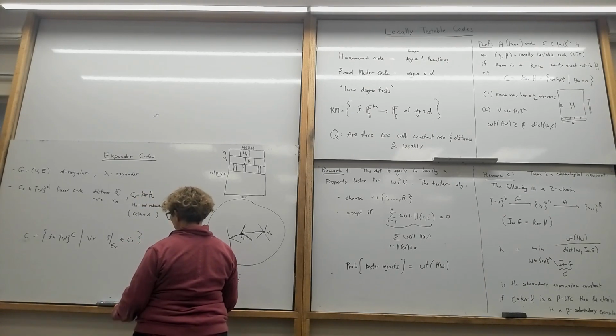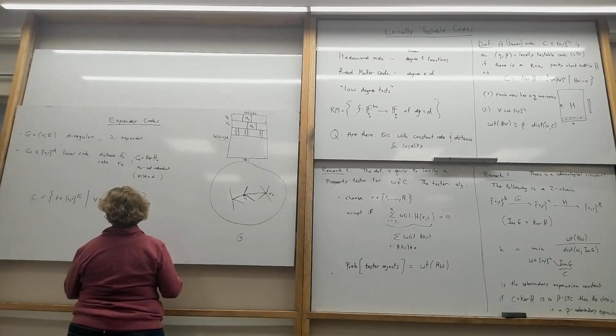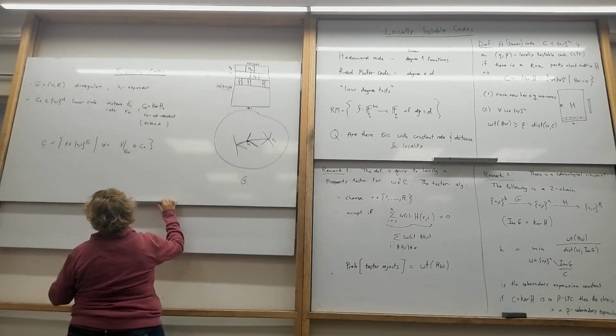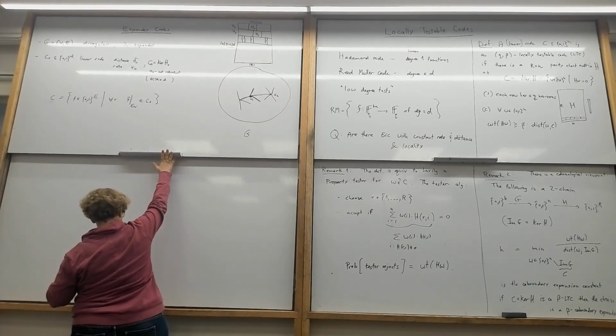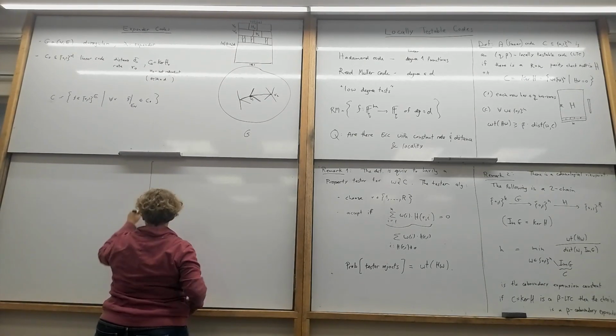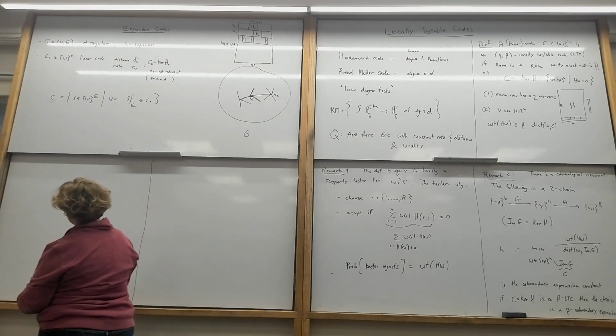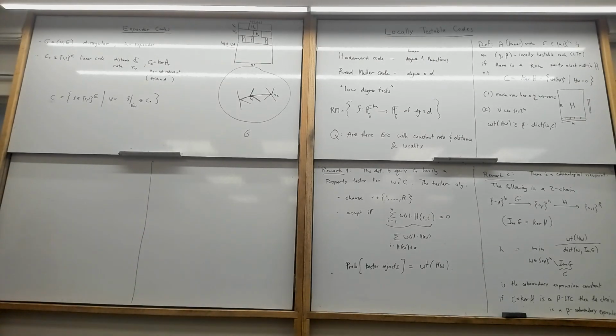So this is our definition of an expander code. This definition is due to Sipser and Spielman, and what's nice about it is that you can easily prove that it has all these nice properties. So let's see. Firstly, the rate.